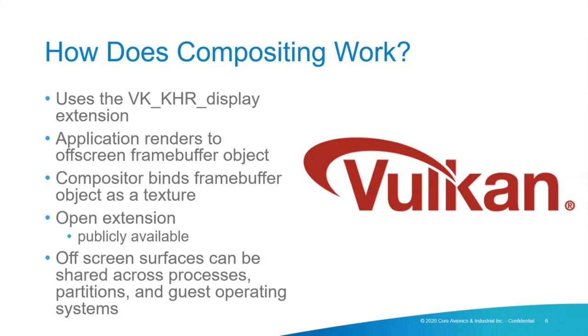Then the compositor application can come along and take that display ID and use it to access the frame buffer texture for that other application, allowing the compositor application to bind that frame buffer as a texture and then use it as you would use any other texture from within Vulkan.